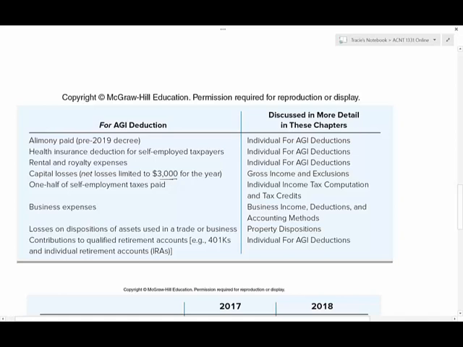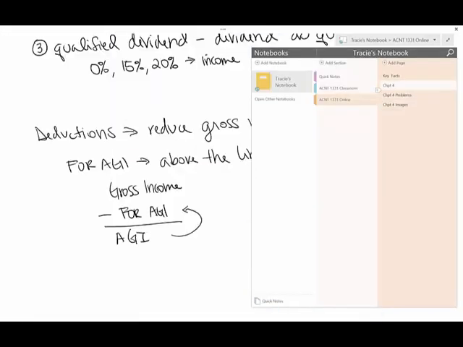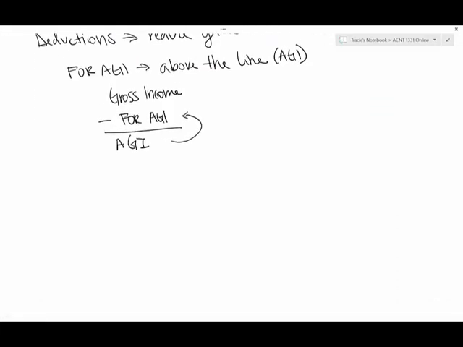Remember, right now you just need to know some common for AGI deductions. We're going to spend a whole chapter talking about deductions and going into more detail about the different deductions that are available to taxpayers. The other type of deduction is our deduction from AGI.